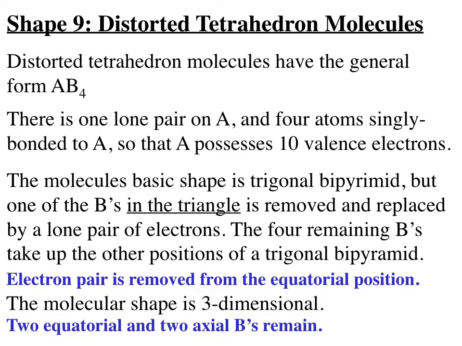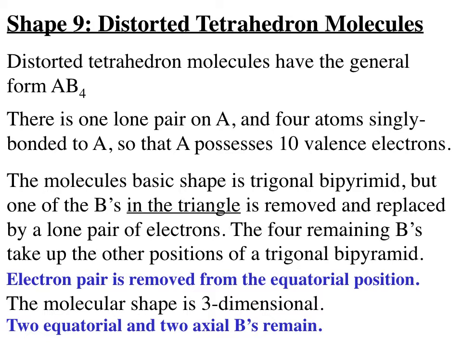Again, this is known from experimental rendering of the geometry of the molecules. So for all trigonal bipyramid based molecules which have lone pairs of electrons, the lone pairs are always going to go into the equatorial positions.